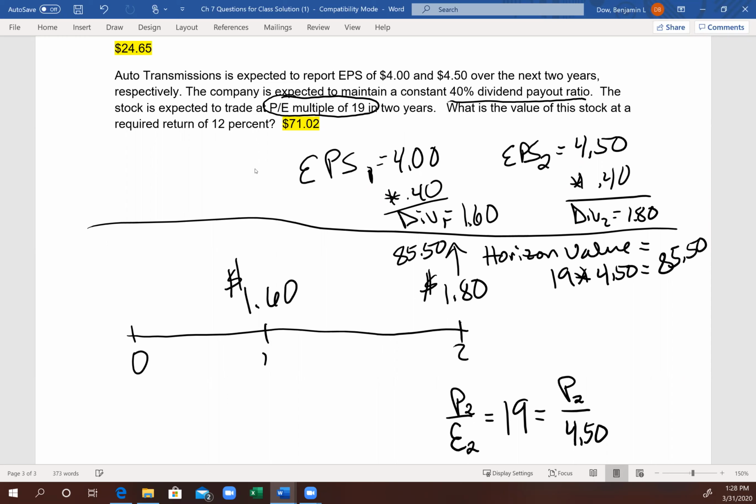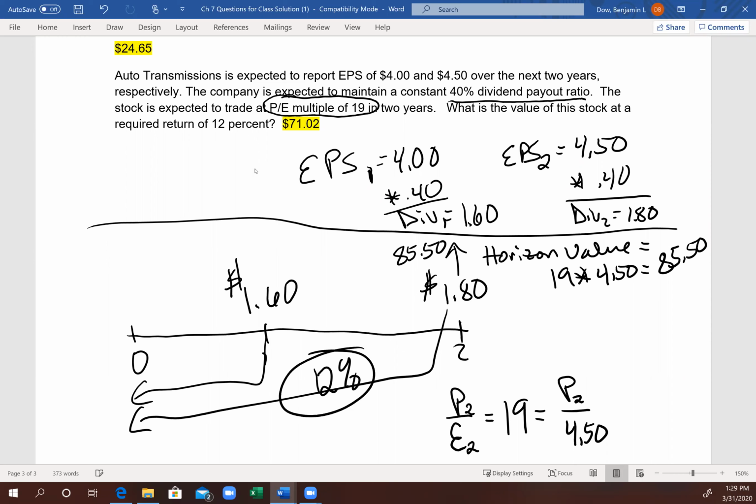So now I have a dividend and a selling price, and I discount them at 12%, and I can find the intrinsic value.